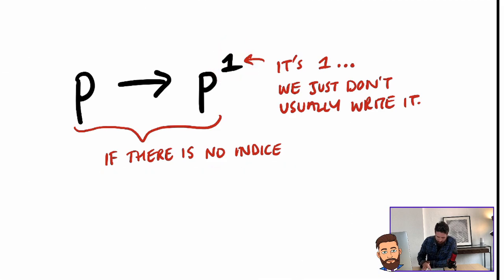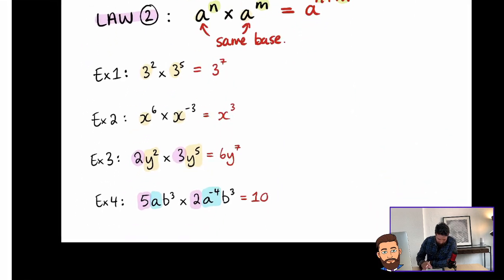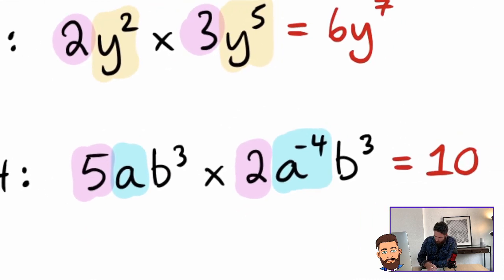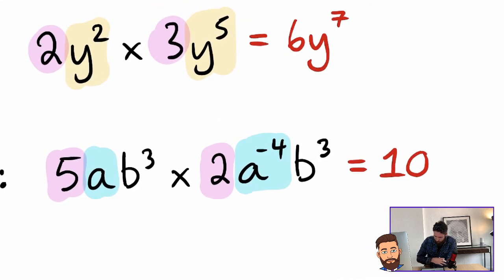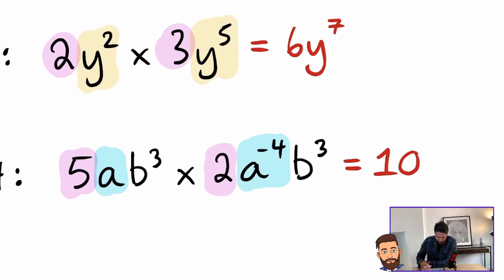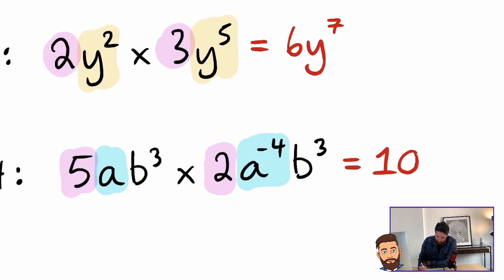So a really good exam skill that you can do right now, whenever you see an unknown like this, a with no power, and you're doing indices, you can just put a 1 in. It's going to make things much easier. Just slip a little 1 in there because that's what it technically means.